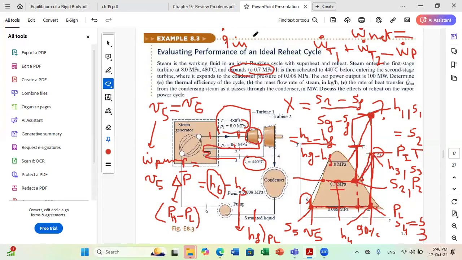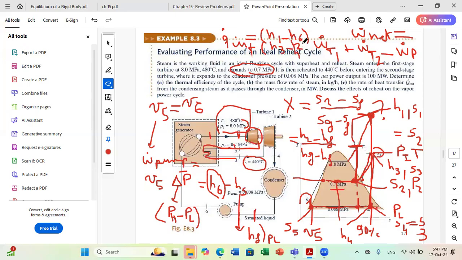So Q dot N per unit mass flow rate is equal to H1 minus H6 in the first heating stage, plus, in the second stage of heating, I am heating from 2 to 3, so plus H3 minus H2. This is for the heat rate per unit mass.